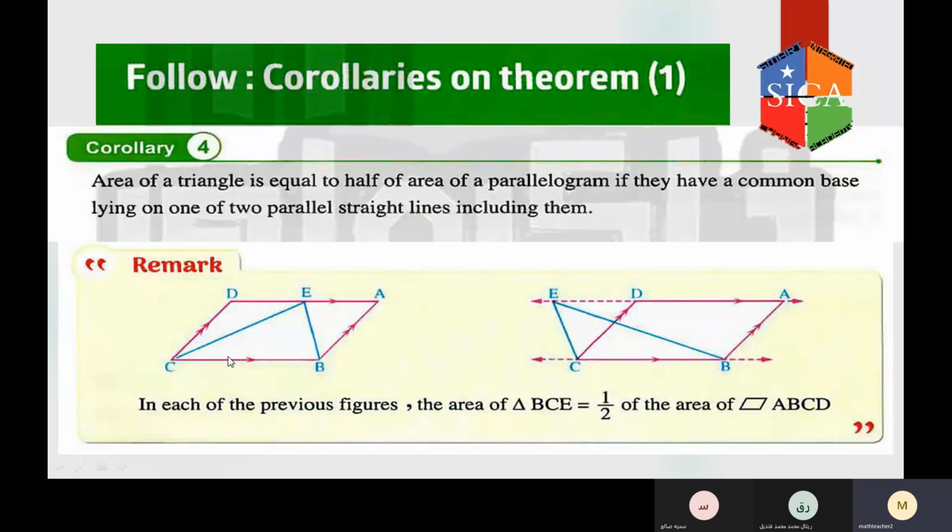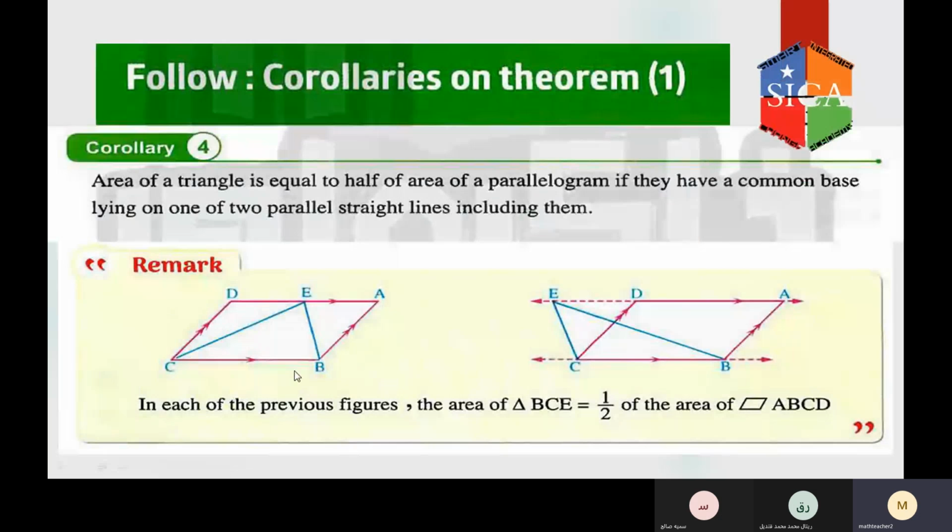ABCD is a parallelogram, and EBC is a triangle. This triangle has the same base as the parallelogram, a common base with the parallelogram, which is BC. BC is a common base between the triangle EBC and the parallelogram ABCD.